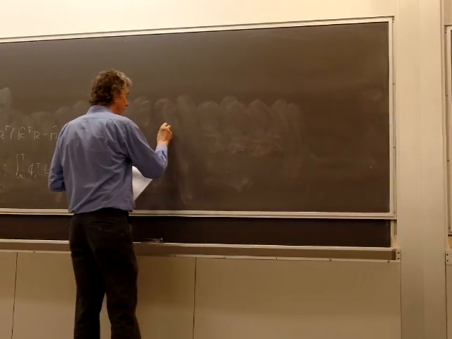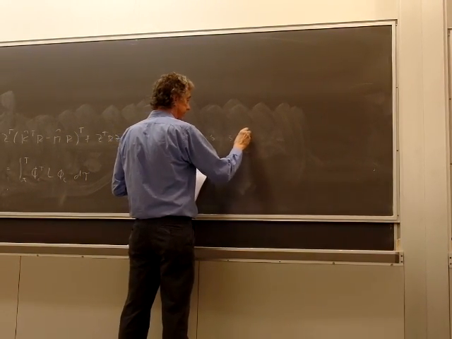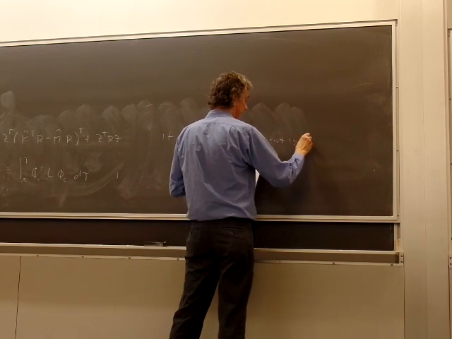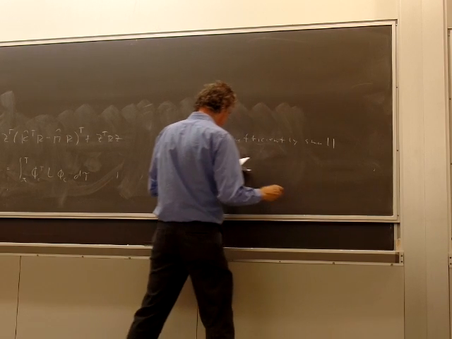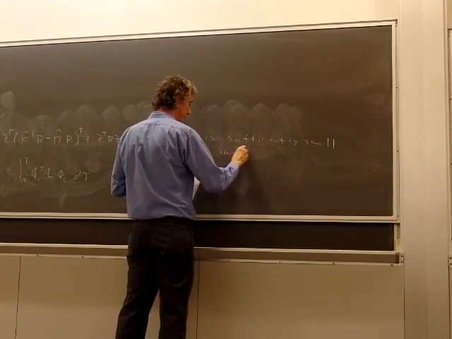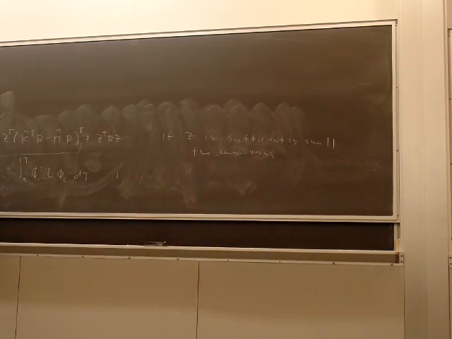So if Z is sufficiently small, the linear terms, these guys, these are not quadratic terms, these are linear terms.